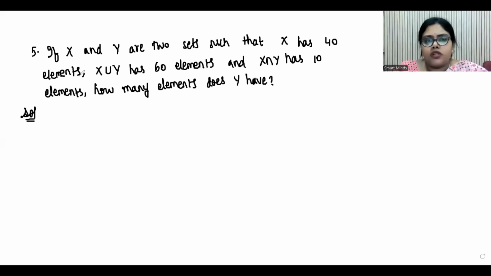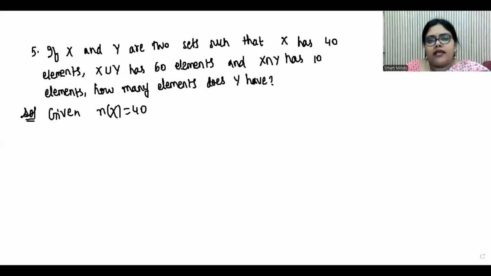Now take the next question. If x and y are two sets such that x has 40 elements, x union y has 60 elements, and x intersection y has 10 elements, then how many elements does y have? So first let us write down what is given to us. What is given? X has 40 elements, so we can write n of x is equal to 40.